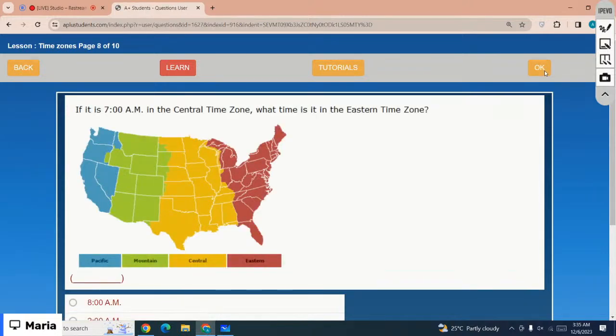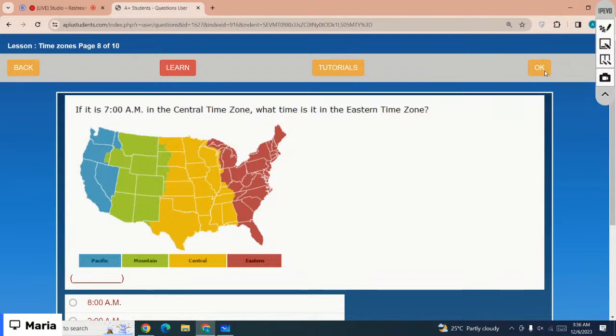If it is 7 a.m. in the central time zone, what time is it in the eastern time zone? So which is the correct option? You have to move from central to eastern, right?